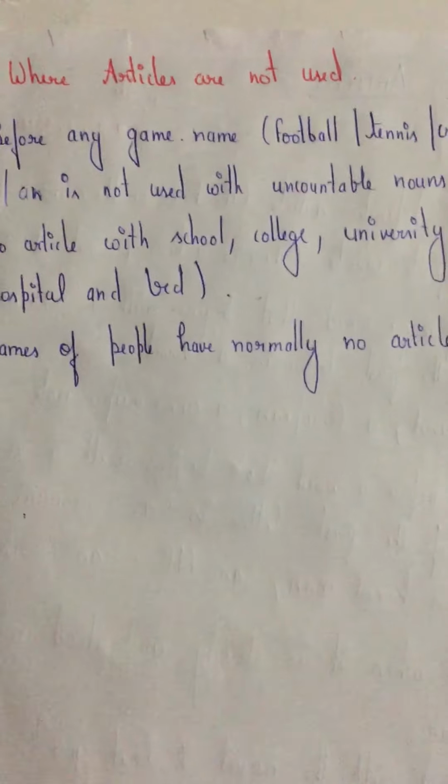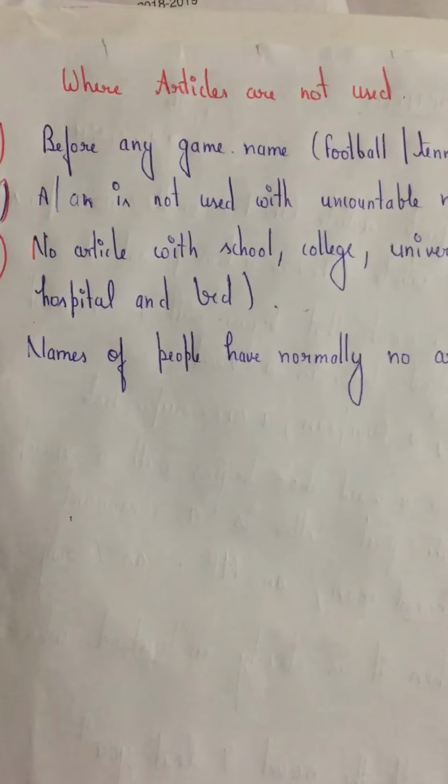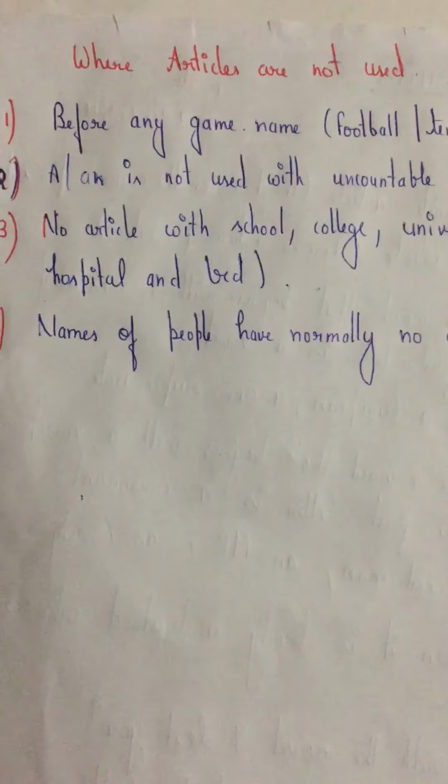A and an are not used with uncountable nouns. The thing which is uncountable, there we don't use a or an. For example, sugar is bad for your teeth. Sugar, which is uncountable, right? So we will not use any article.